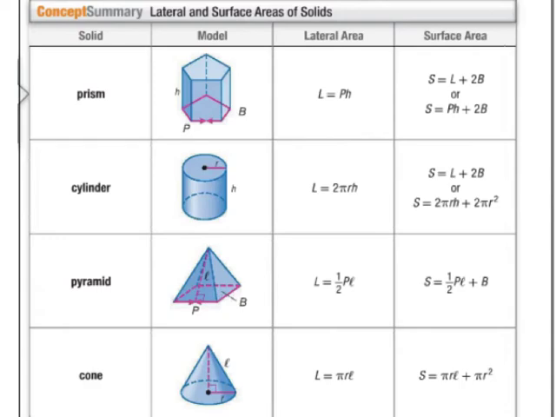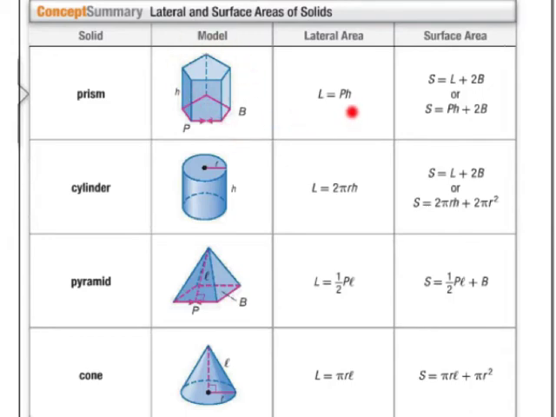Alright, now lateral surface area. Lateral means side. We've done surface area, and surface area, if you remember, is the area of all the surfaces combined. Lateral area is not concerned with the area of the top and the bottom. It's just concerned with the area of the sides.